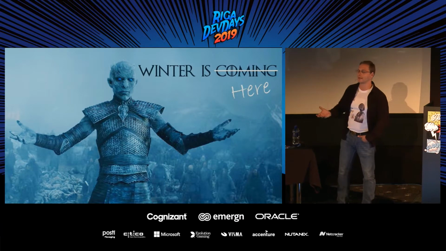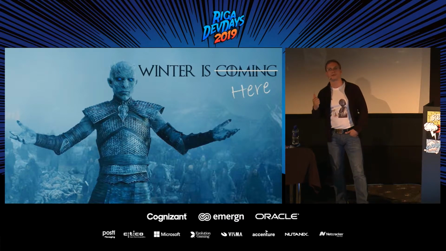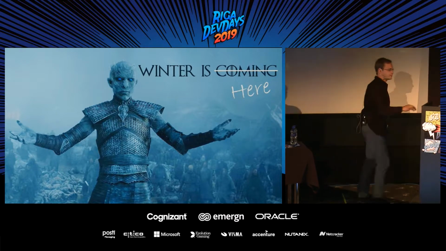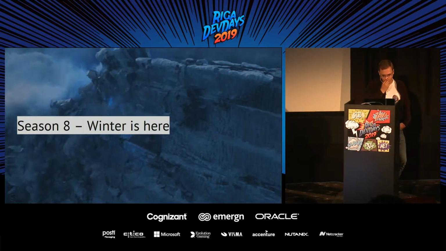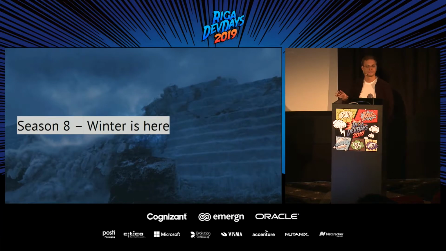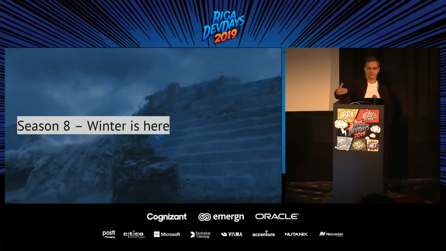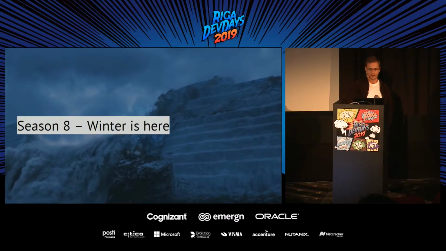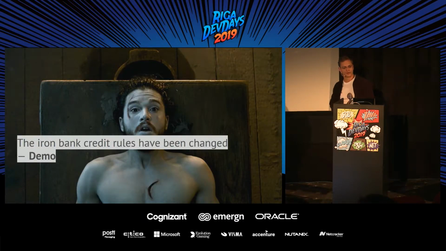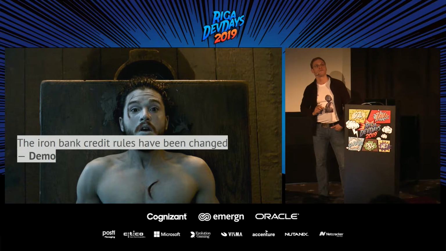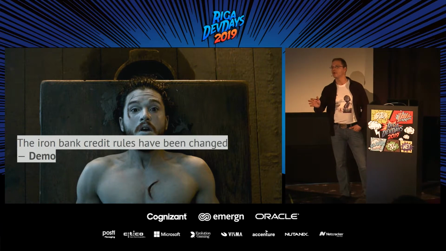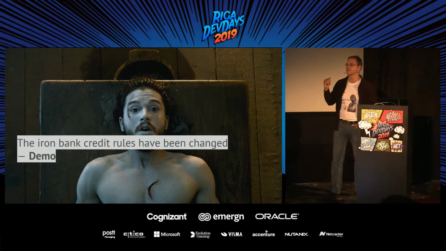And when the wall was breaking, the policy of the Iron Bank should change. Okay, so let's talk about winter is here. Till season 8, it was winter is coming, and now winter is here. When winter is here, the Iron Bank changed the rules of who will receive the loan and who will not. Remember the previous logic?